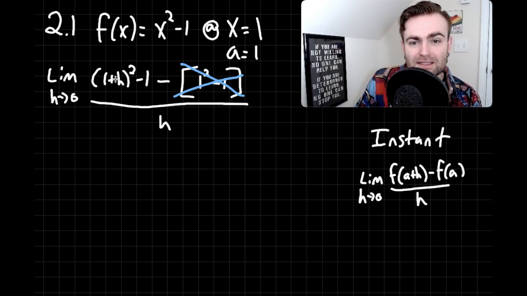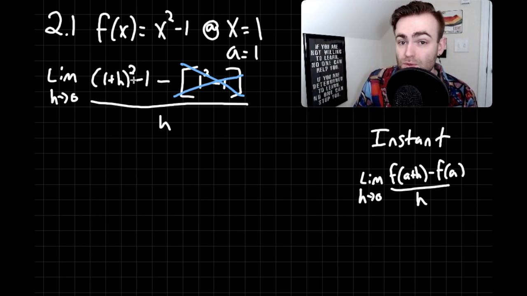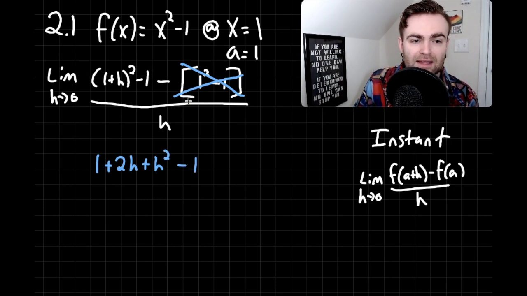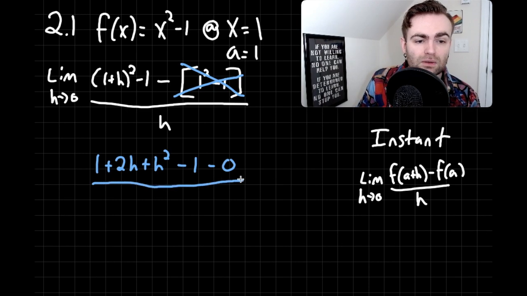This is a square. It's something we're going to have to distribute out. So that distributes to 1 plus 2h plus h squared minus 1 for this minus 1 over here, and then minus 0 because that is what the result of evaluating it at 1 was. All over h, and you might see where some magic is going to happen.